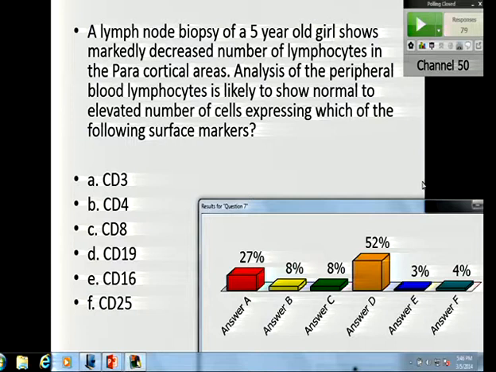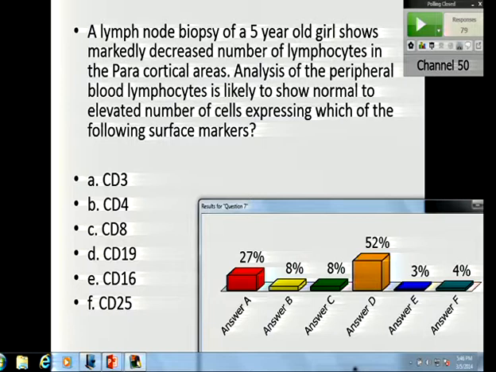So there is a decreased number of lymphocytes in the paracortex. So which subset of cells are going to be the T cells? Now the question is asking you about which cells would be normal in the periphery. So what cells are you going to see in the peripheral blood? The B. The B is unaffected. It's the T that is affected.